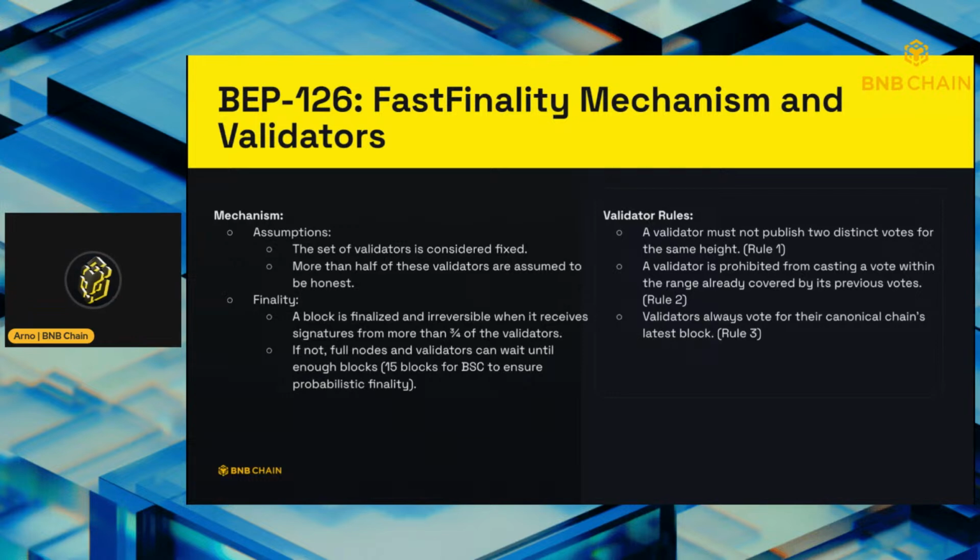Once a certain amount of validators have added their signature, we can basically assume that this block is finalized and cannot be reversed. Of course, if not enough votes have been added to a specific block, the standard probabilistic finality still applies, which is currently 15 blocks for BSC.